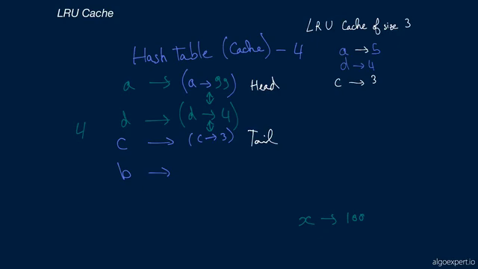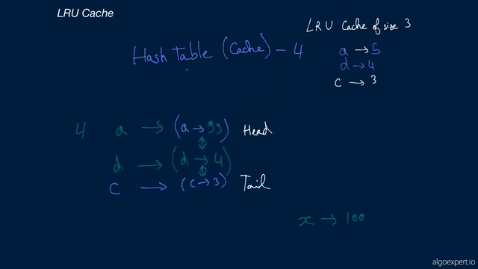And then you also want to delete this property from the hash table. So we're going to delete this B here. And at this point, you redo the exact same thing that we've been doing before. You can add a new property to the hash table, which is going to be X. It's going to point to a doubly linked list node of X mapping to 100.